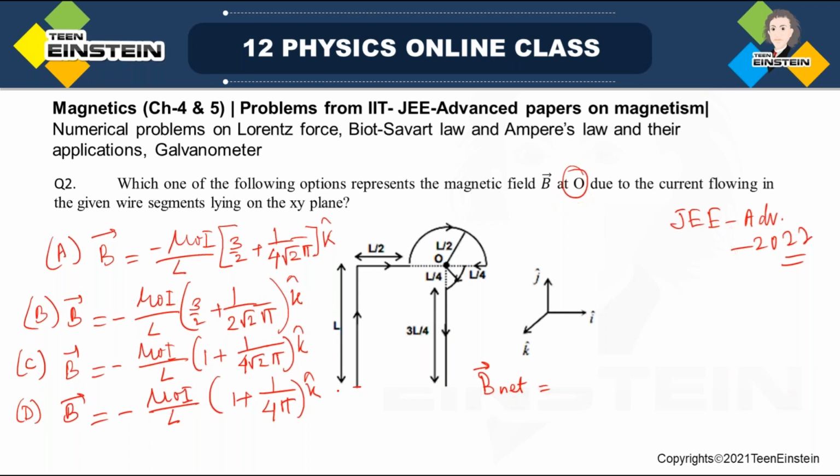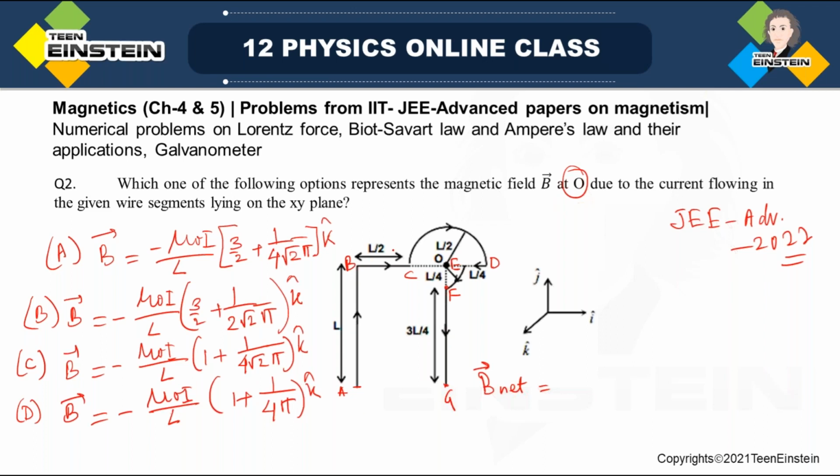Suppose this is A, this is B, this is C, this part is D, this point is E, and this is F, and this is G.